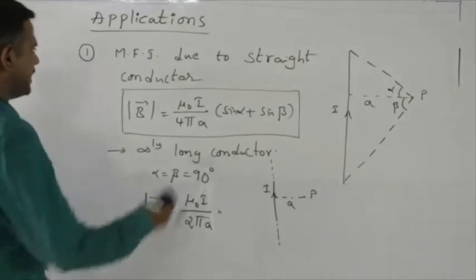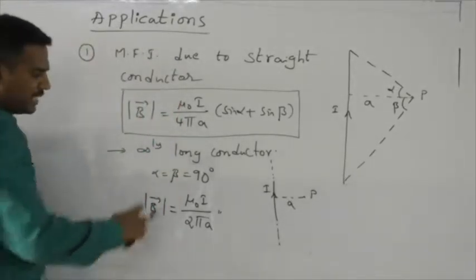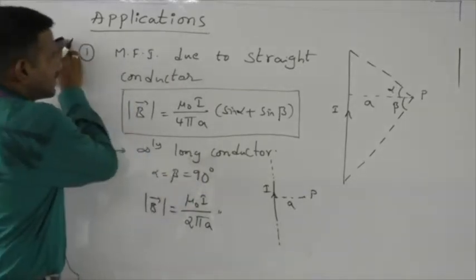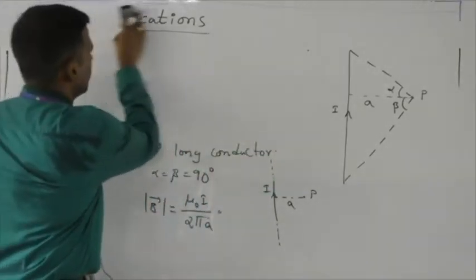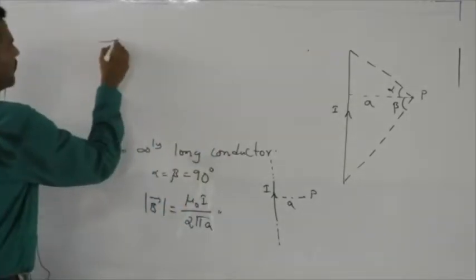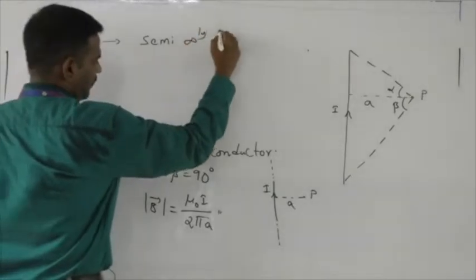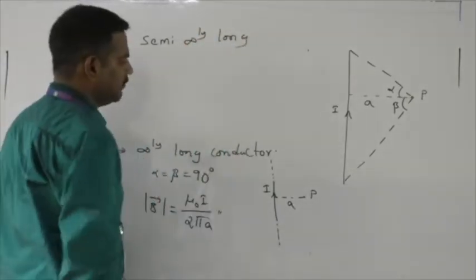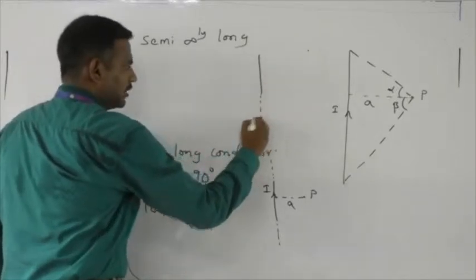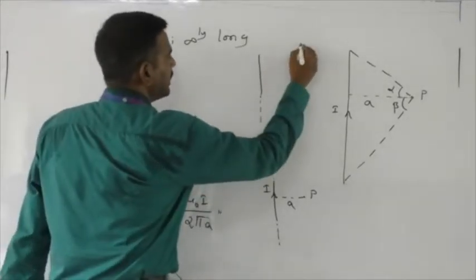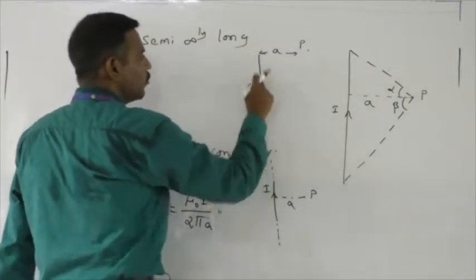Now I told you we have two important implications. One is the infinitely long conductor and another one is the semi-infinitely long conductor. What is the meaning of semi-infinitely long? It is basically an infinitely long conductor only, but the point P, which is at a perpendicular distance of a, lies near one of the ends.